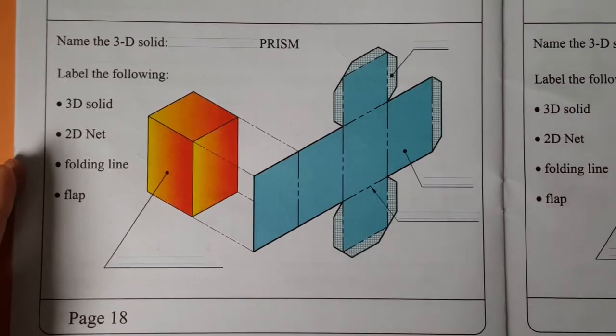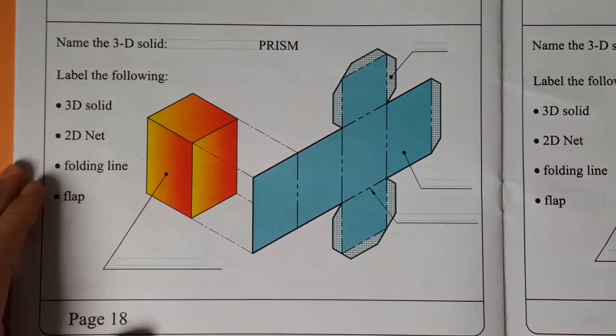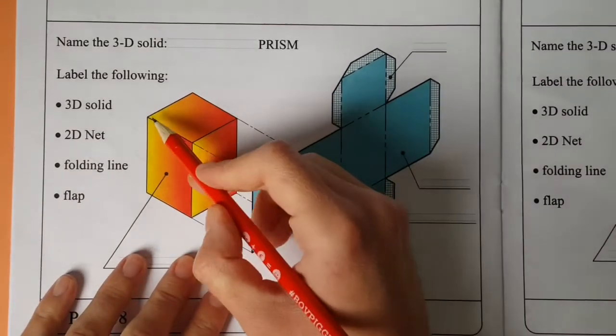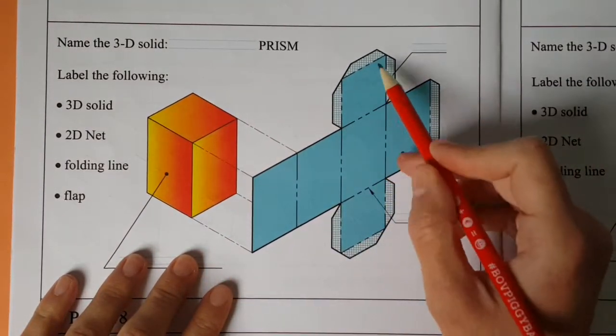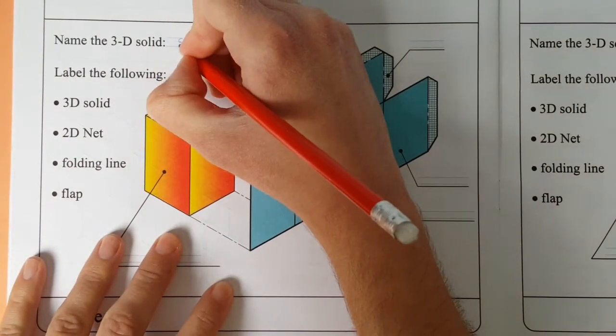Now this time, instead of a triangular prism, we have a prism with a profile of a square. We have 4 sides, 4 equal sides, therefore we have a square prism.